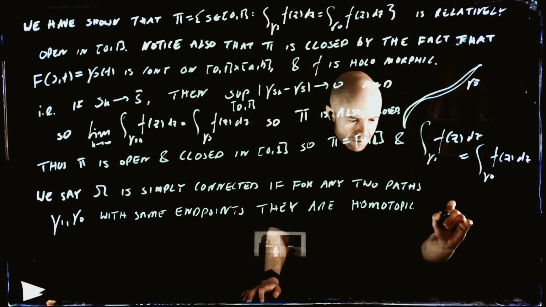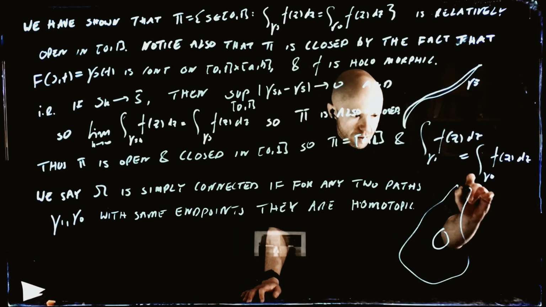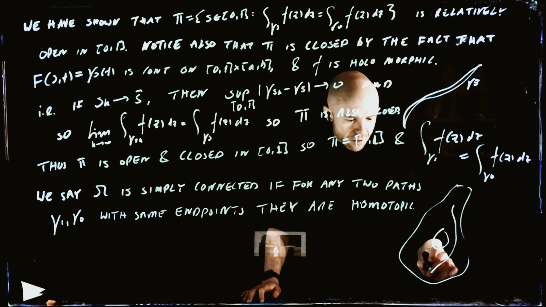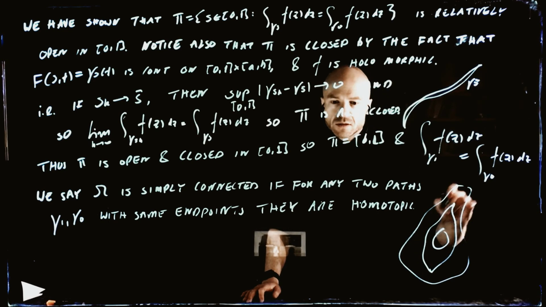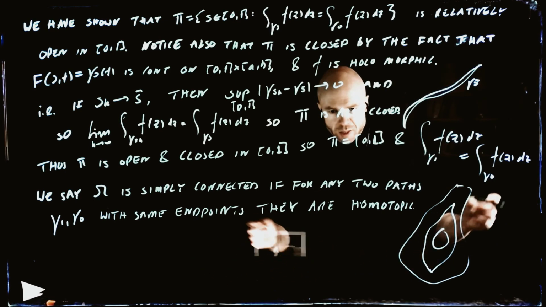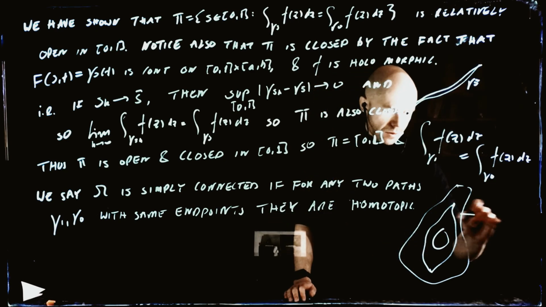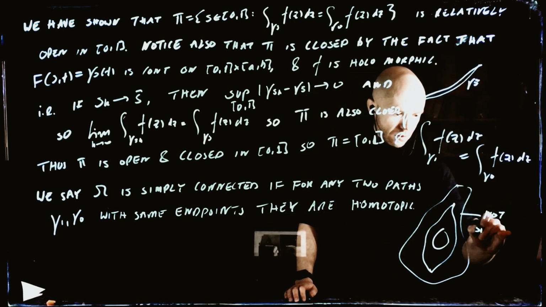All right, so if we have a hole in our region, then it's definitely not simply connected, because we can find these two paths with the same endpoints inside our region which are not homotopic. We cannot deform one to the other. Right? But if that's not the case, then they are simply connected.